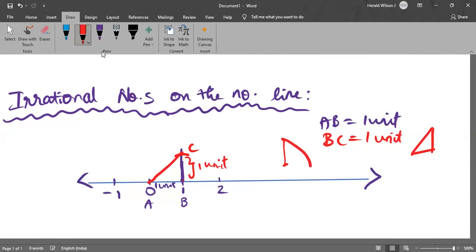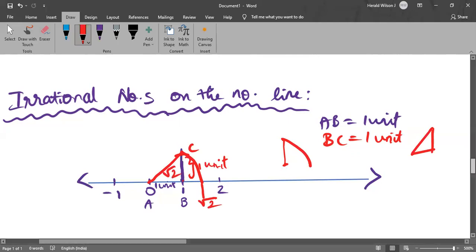From here, your arc should be at least like 1.5, or it should come close to the middle of 1 and 2. Hopefully it should be like that. So this is nothing but root 2. So your hypotenuse is nothing but root 2.